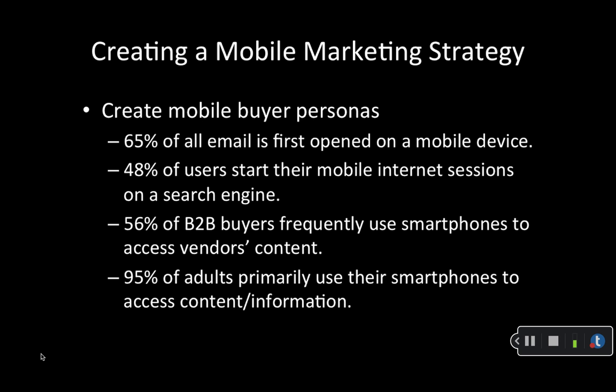How much of their web usage happens on mobile devices? Are they comfortable completing a purchase on a smartphone? A simple way to start is to research big data reports on mobile usage.